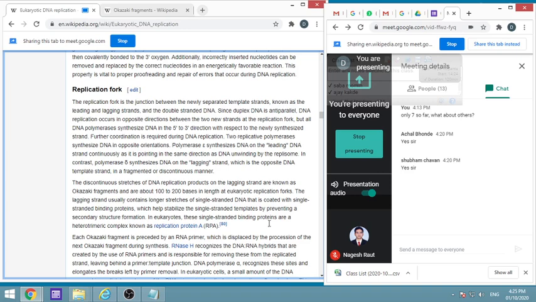This duplex DNA is antiparallel. DNA replication occurs in opposite directions between the two new strands at the replication fork, and all DNA polymerases can do the job only in the 5' to 3' direction, in a smooth way.